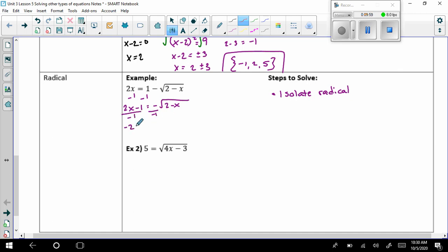So I get negative 2x plus 1 is equal to the square root of 2 minus x. That's my first step, to get that one by itself. Then you're going to raise both sides to the power of the index.